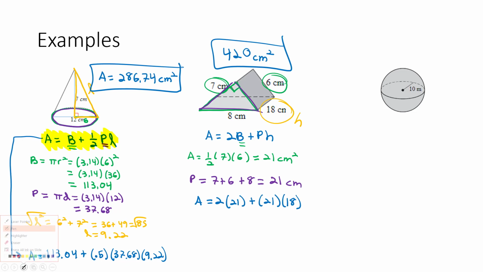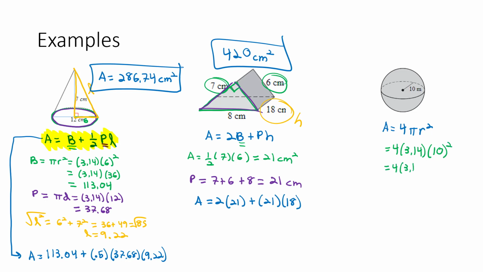One example left. This is a cylinder. We know the formula for the surface area of a cylinder is 4 pi r squared. This one's going to be the easiest, actually, of all of them. The area is 4 times pi, which we know is 3.14. The radius here is 10 squared.